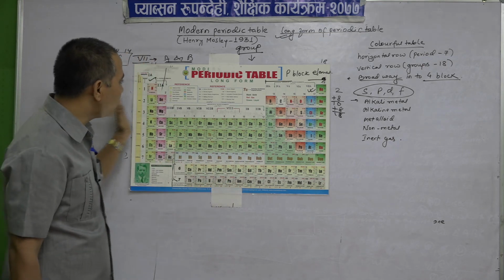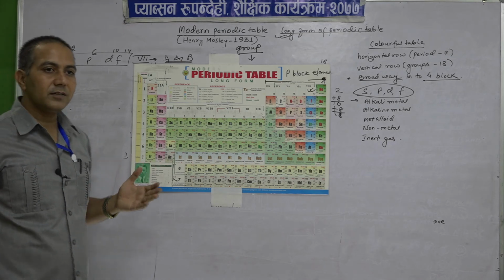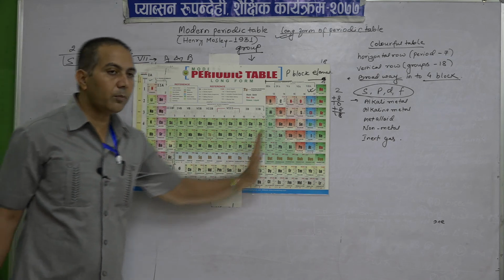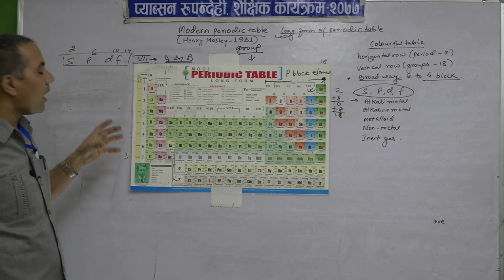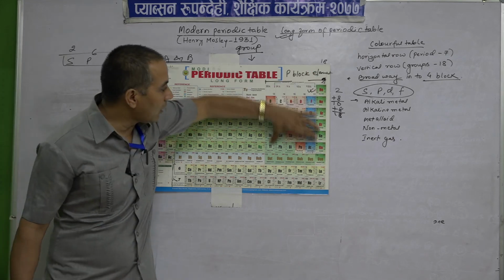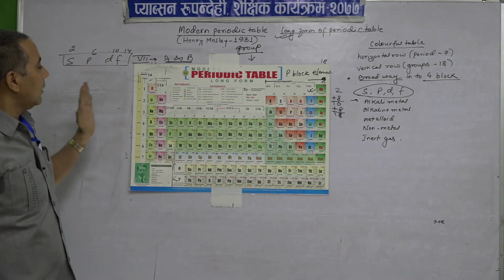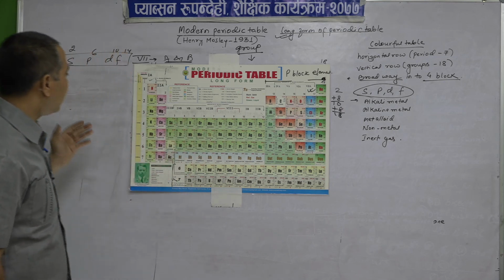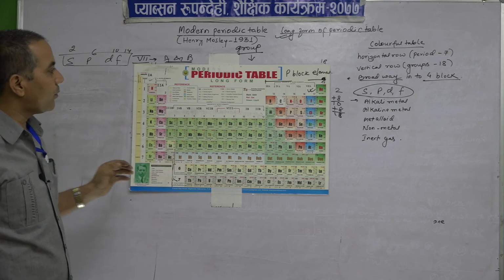We will continue this again tomorrow. For today this much only. What we have discussed: the modern periodic table has 7 periods and 18 groups, and these are broadly divided into 4 blocks: S block, P block, D block and F block. By electronic configurations, they are divided into groups with the same chemical and physical properties.